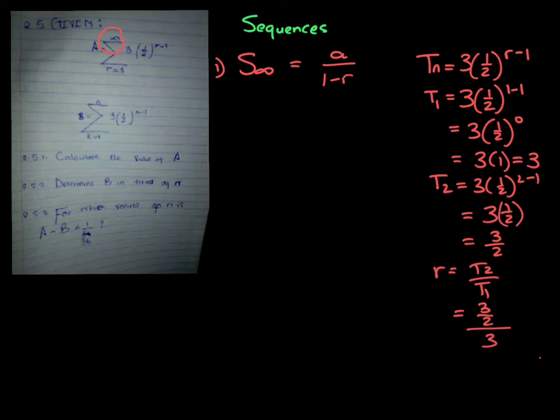And you can calculate that, which gives us a ratio of half. And now we've got all the information needed to find the sum to infinity. So we've got A, which is 3, over 1 minus half. So the sum to infinity is in fact 6.